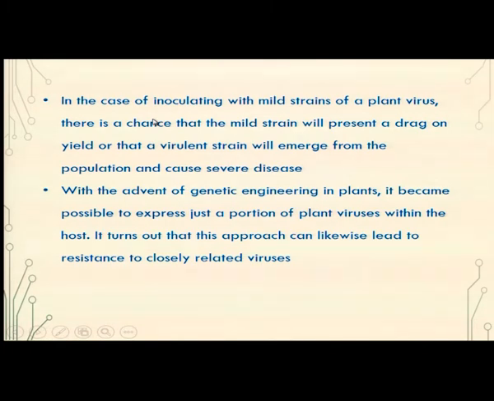In the case of inoculating with mild strains of plant virus, there is always a chance that inside the host, these mild strains can become more virulent. Or it can also produce a drag, thereby reducing the level of protection or defense molecules which already exist.